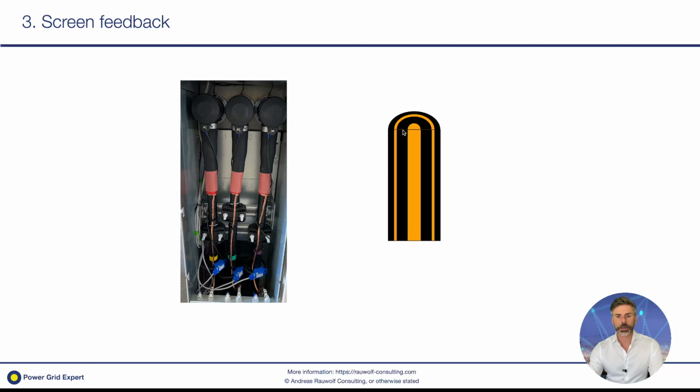If you look at the medium voltage cable, we have the core, there's the load current and the fault current, and there's the screen around the core. In the core, we have the load current, the fault current. That is what we want to measure with our CT. But also in the screen, there is something going on.